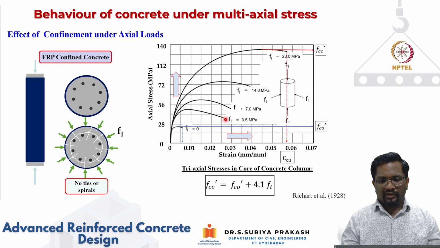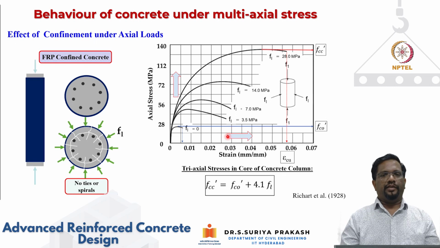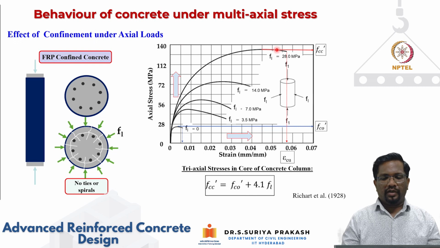And the failure strain also has increased dramatically. So this behavior keeps happening as I apply more and more lateral confining stress. I get an increase in peak strength, and the strain at failure is also increased.